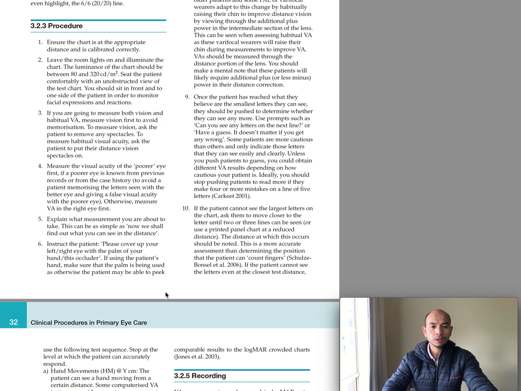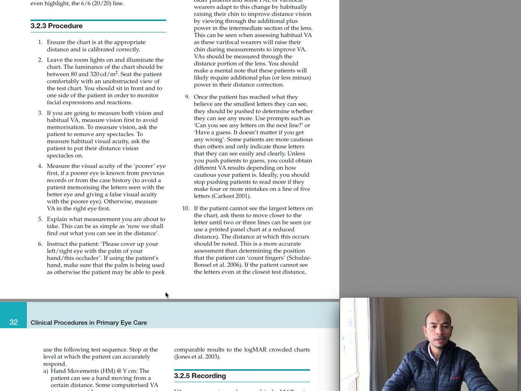Explain what measurement you are about to take. This can be as simple as, now we shall find out what you can see in the distance. Instruct the patient, please cover your left or right eye with the palm of your hand or this occluder.